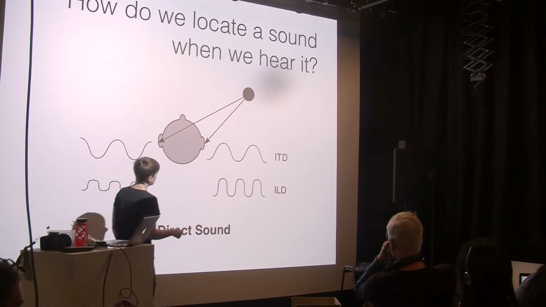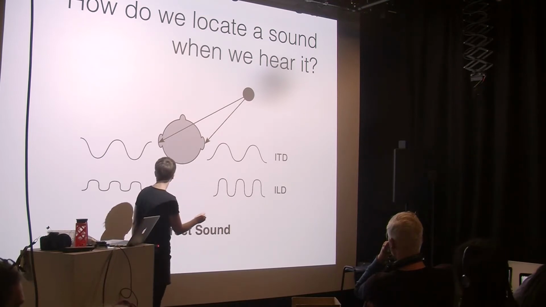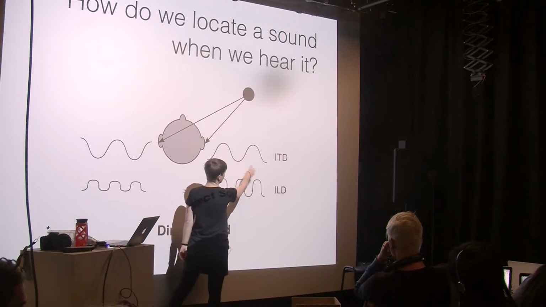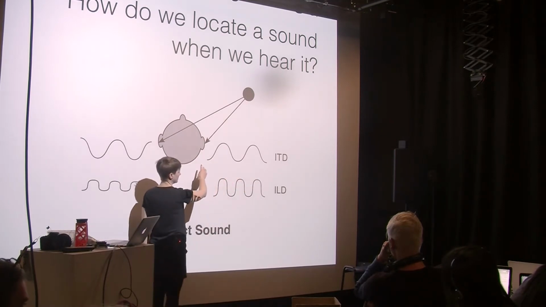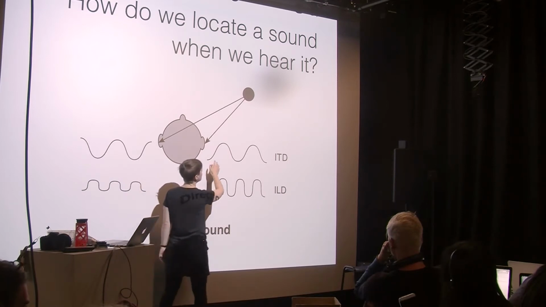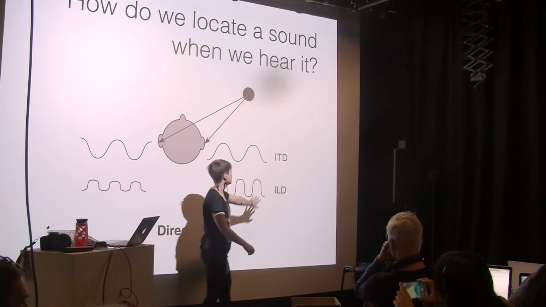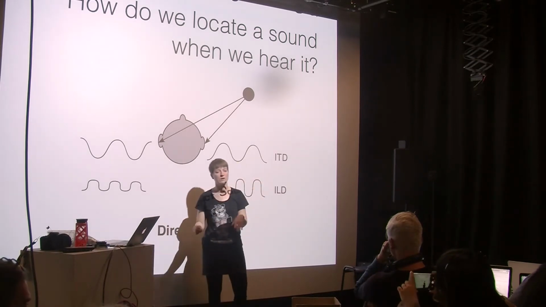So if we have a lower frequency sound, the main cue that we're looking for, and right now I can't even remember what the cutoff threshold is between the two, is the interaural time difference. The ITD is the interaural time difference.